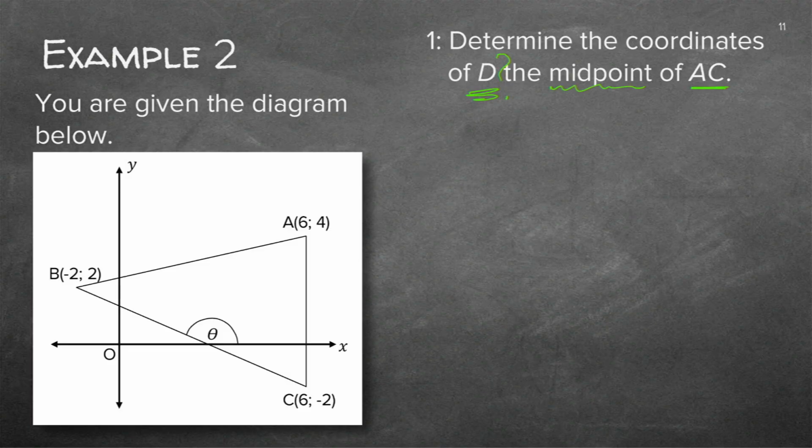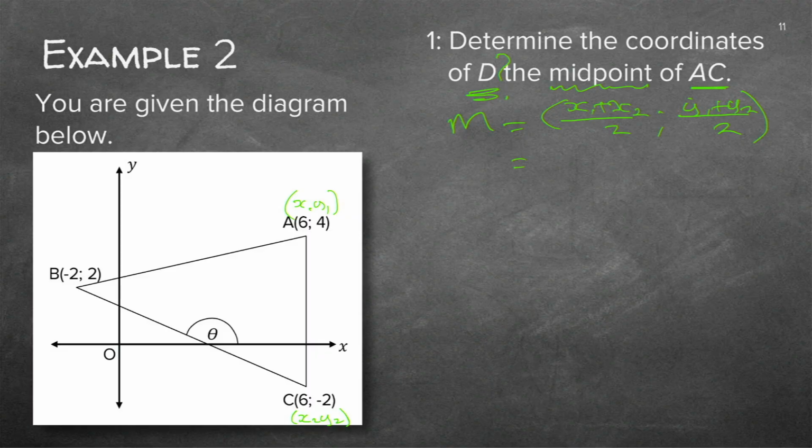So I need to remember that D is the midpoint. Now, we just now did midpoint, so no explaining. We can just quickly do x1 plus x2 over 2. And we can do y1 plus y2 over 2, which we did just now. And I'm just going to number this one x1 and y1, and this one x2 and y2.